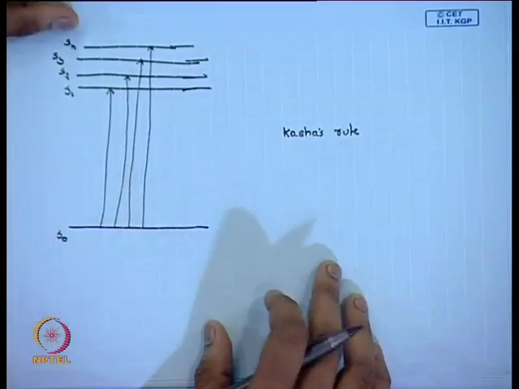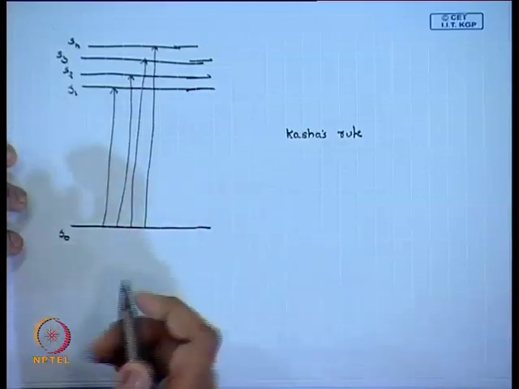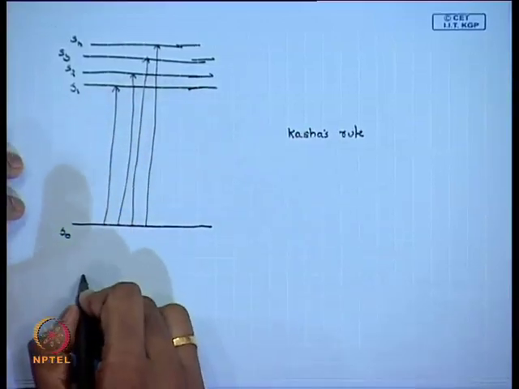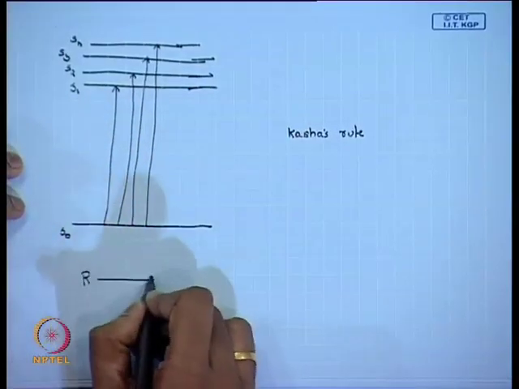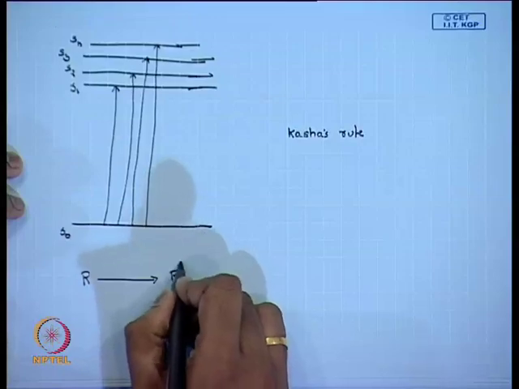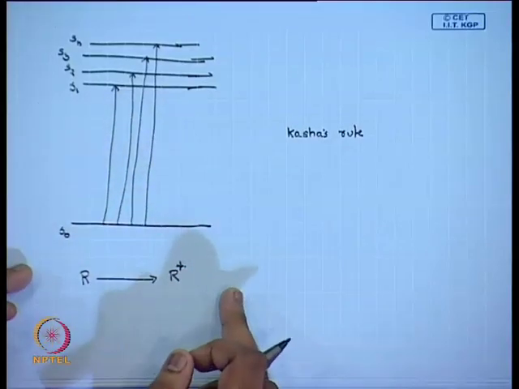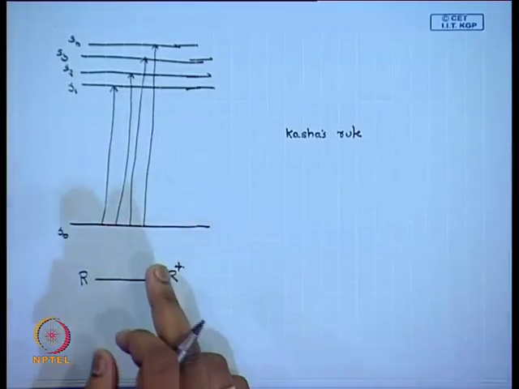Okay. Now, we were trying to understand this process, R to R star. We took the first step, and said we will try to understand this first step in detail. So how did we start?